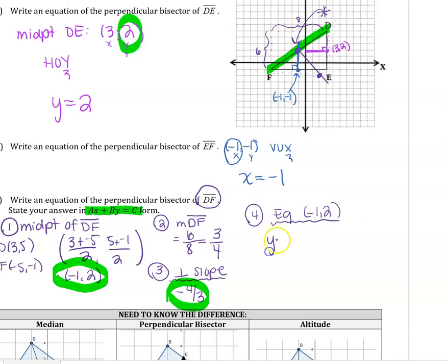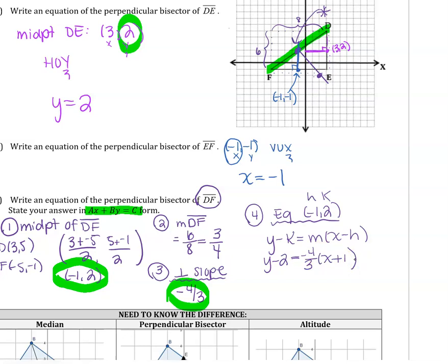So this is y minus k equals m times x minus h. Okay, our point is again -1, 2, so this is y minus 2 equals, my slope is -4/3, and then x plus 1 puts it into point slope form.